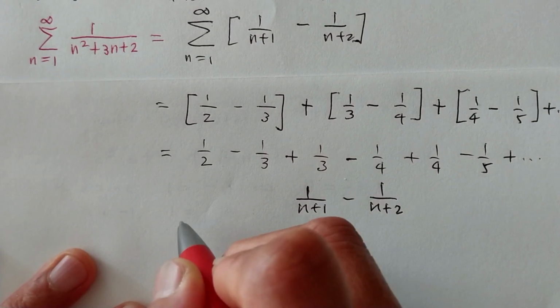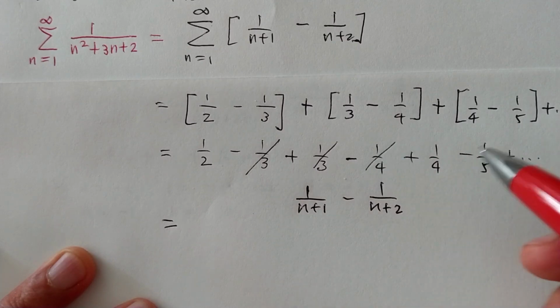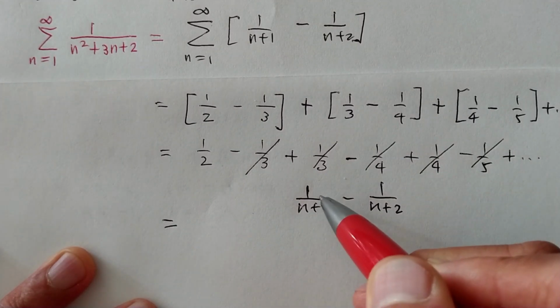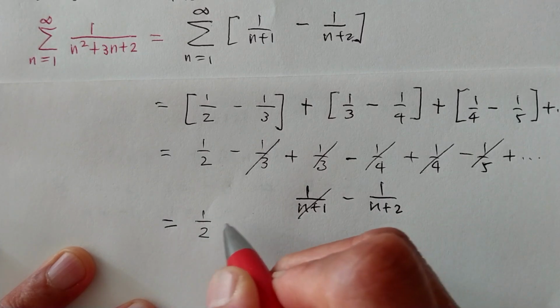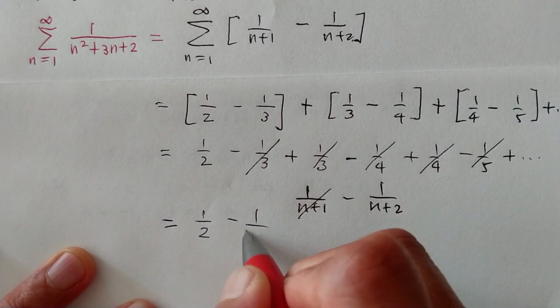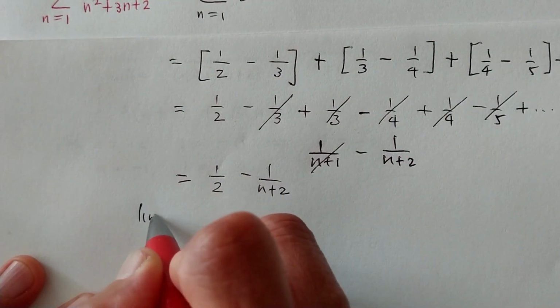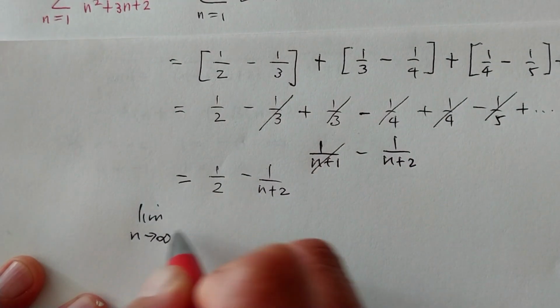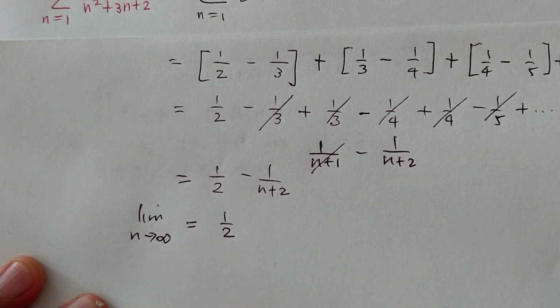What do you notice of the terms? We notice that the middle terms cancel. And so our sum is equal to 1/2 minus 1 over n plus 2. When we take the limit as n goes to infinity, we should get an answer of 1/2.